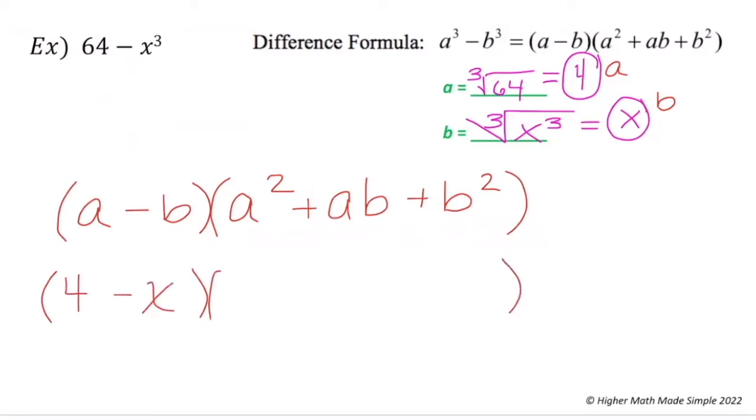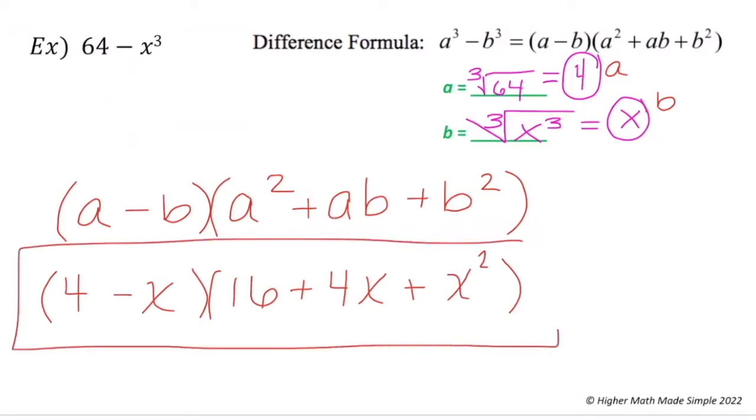And then A squared, which is 4 times 4 is 16, plus A times B, or 4 times x, which is 4x, plus B squared, which is x times x, which is x squared. And we're done. And again, if this was a factor completely problem, you would not be able to factor the quadratic part. You can try, and you're going to find out it's not factorable.